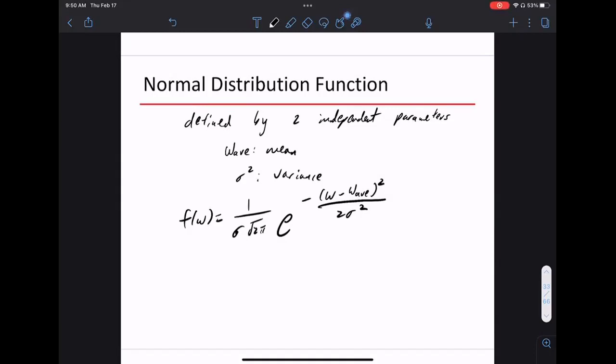Does anybody know why this is the easiest thing to work with? Why do we like to assume things are Gaussian, without worrying about whether they're truly Gaussian or not? Right, but why mathematically is this thing easy to deal with? There's a good reason why it's easy to deal with, and it's important actually for one part.